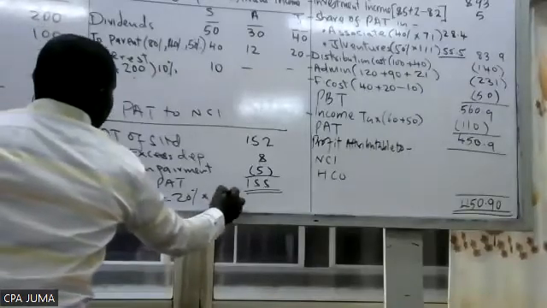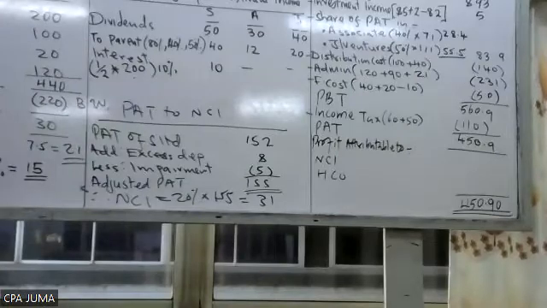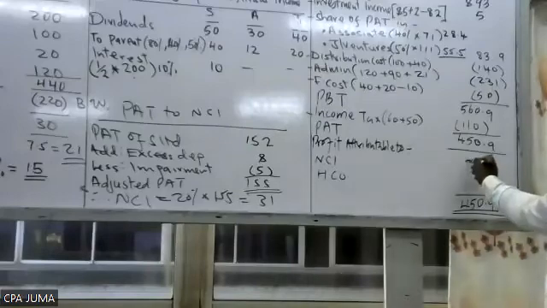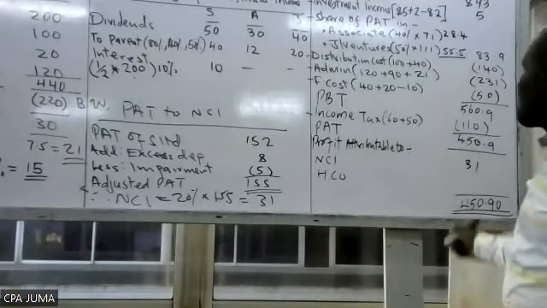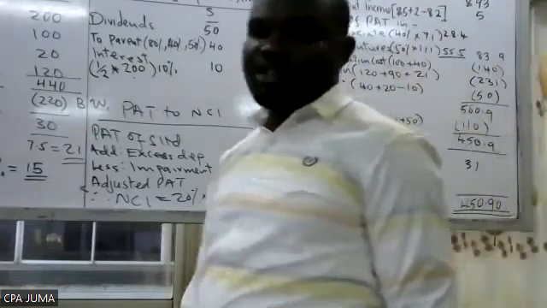Remember, parent was controlling what percentage? 80. So that is 31. So back to our P&L, minority goes with 31. So the parent will take 450.9 minus 31. So tell me what is going to the parent.